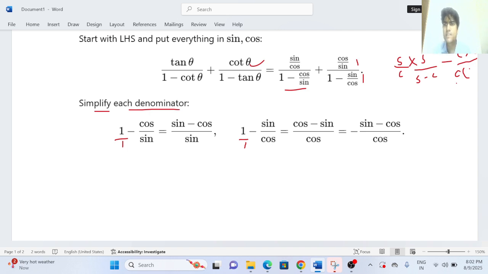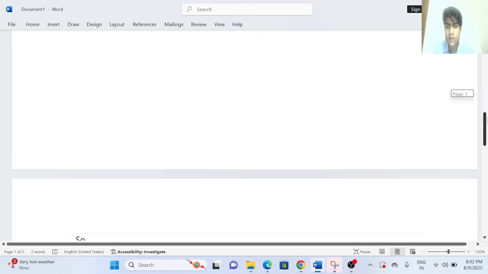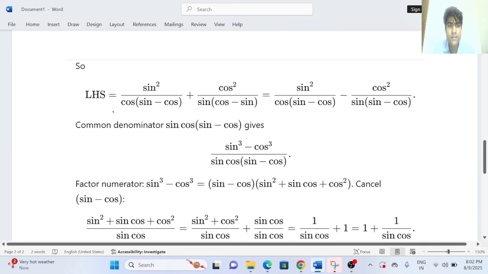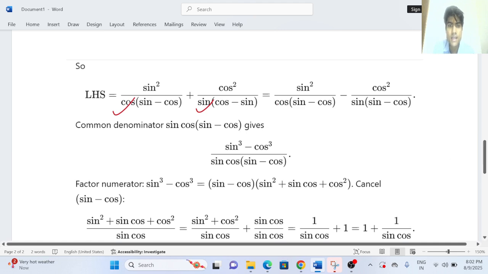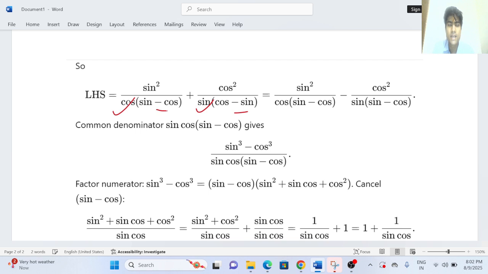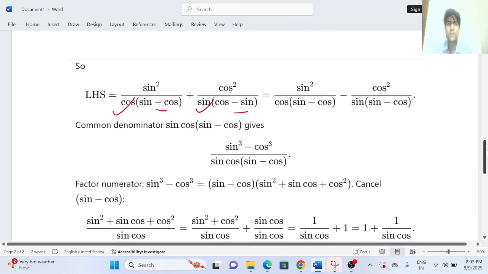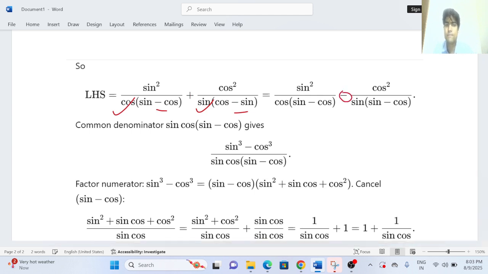So if the cos is downside here, we multiply accordingly, and here we multiply with sine. Going back, here is our cos and there is our sine, so we multiply with sine minus cos here and sine minus cos here with the cos as well, because sine and cos are the only values on the downside. Since we have changed the sign here, it will replace the plus by minus.